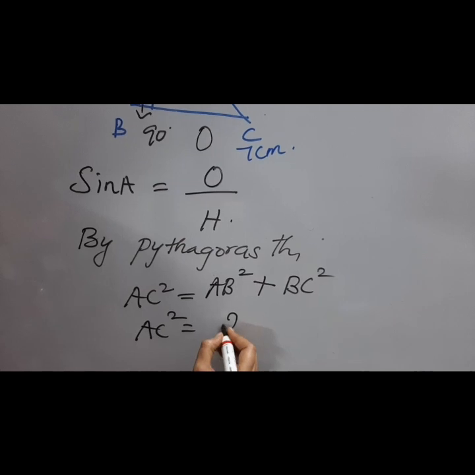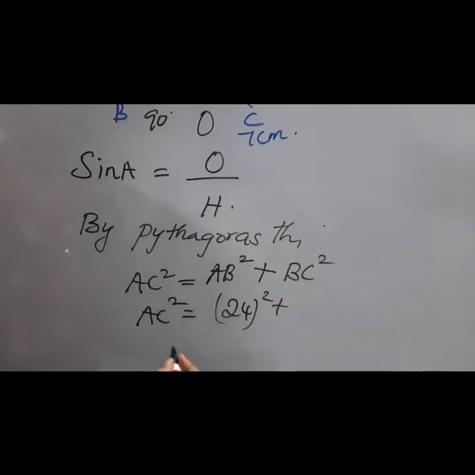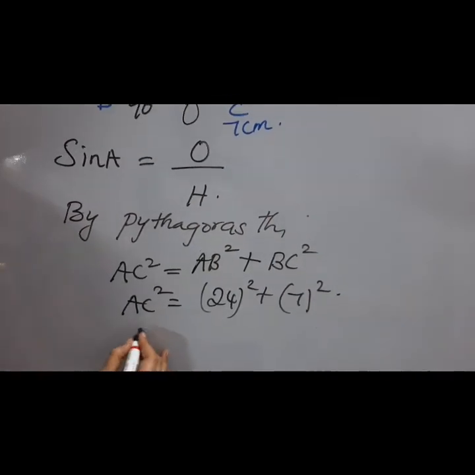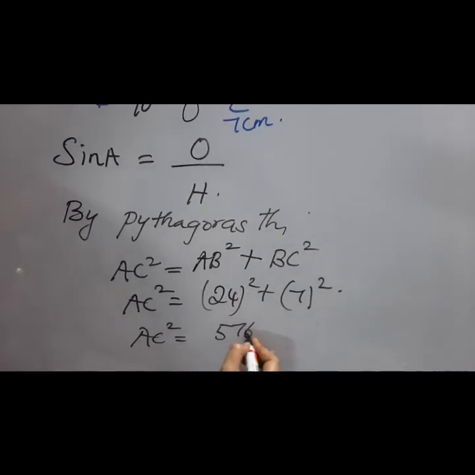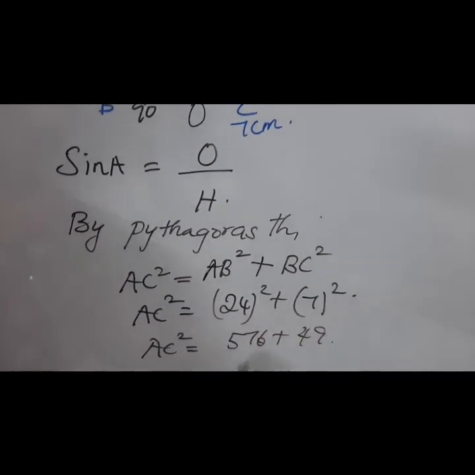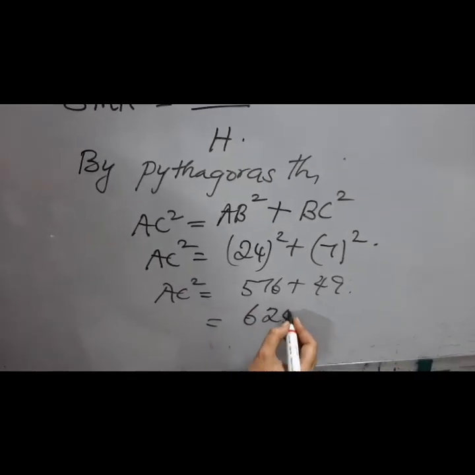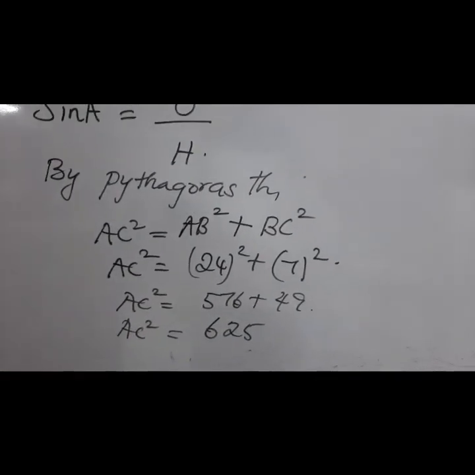AB is given as 24, so 24 square, and BC is given as 7, so 7 square. AC square is equal to 24 square, which is 576, plus 7 square, which is 49. If we add, we get 625. AC square is 625.